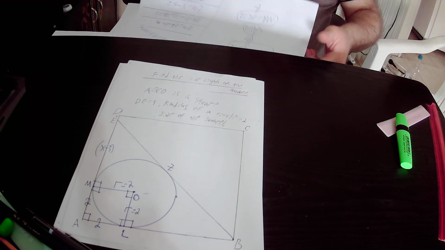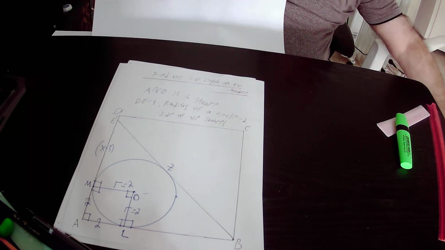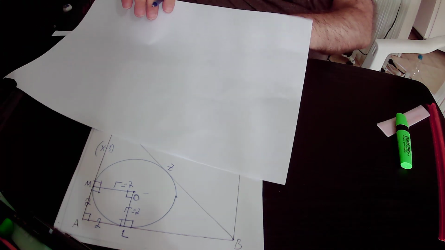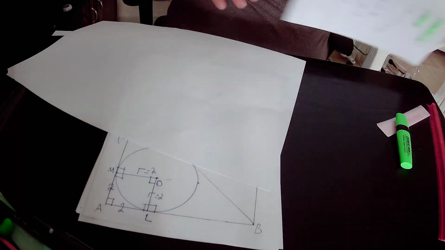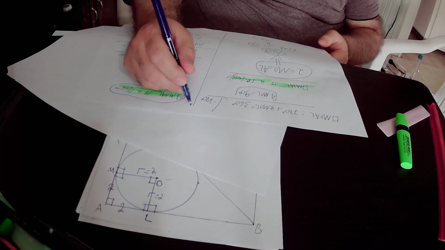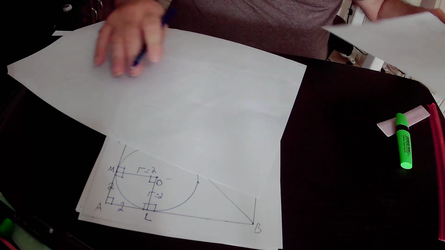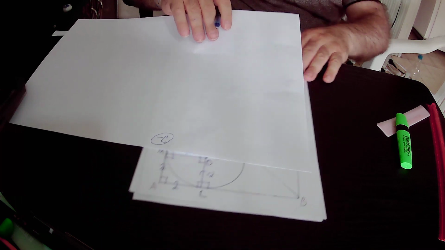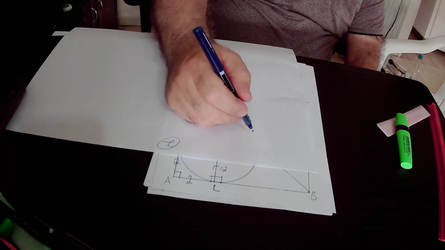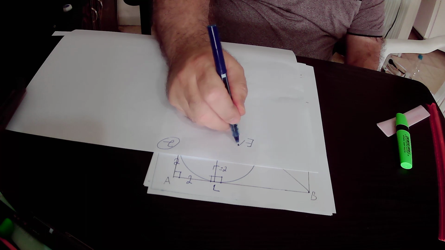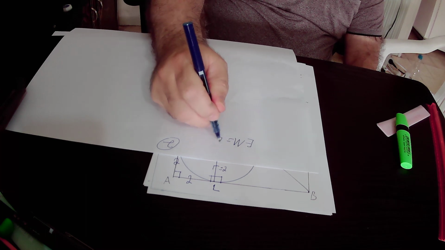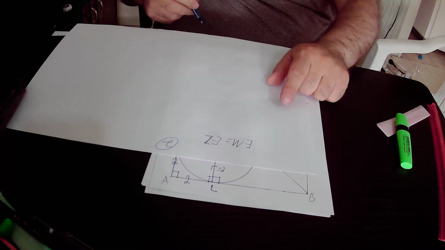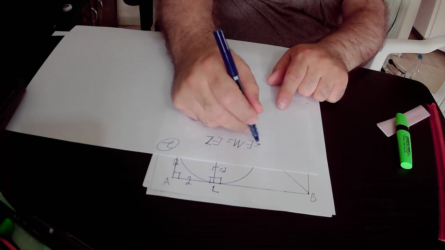So actually, according to rule number 2, we found out that EM equals EZ, and we just now found out that EM equals X minus 3.